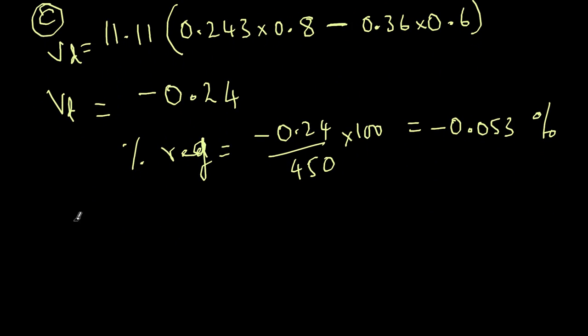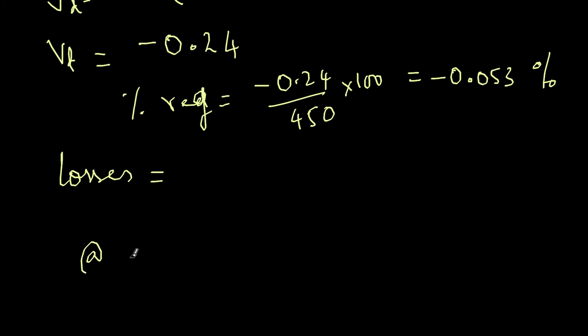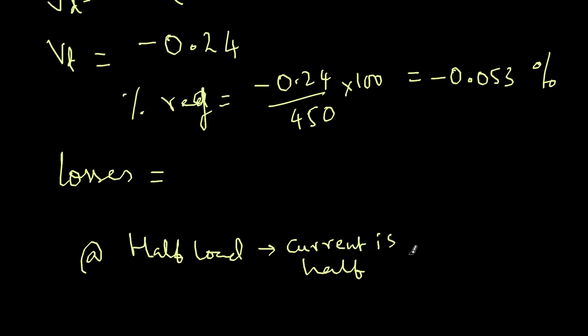Now let's calculate the losses. At half load, the current is half, therefore the copper loss is one-fourth, because it is a function of the square of the current.